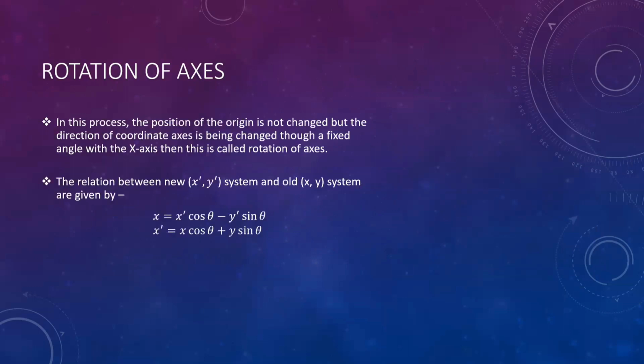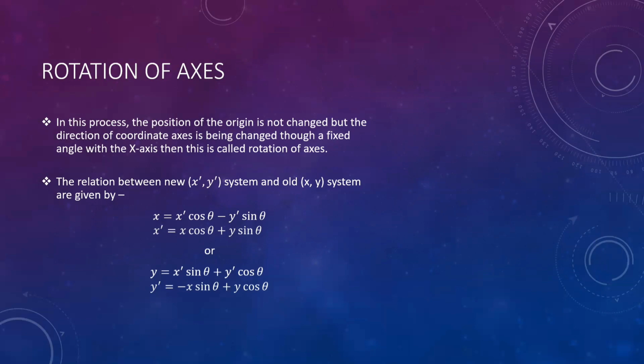Now, rotation of axis. In this process, the position of the origin isn't changed, but the direction of coordinate axis is changed through a fixed angle with the x-axis, then this is called rotation of axis.